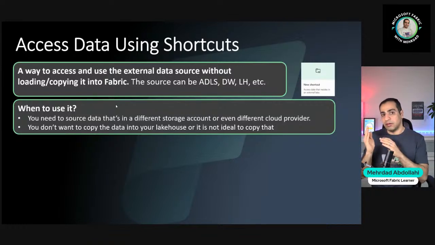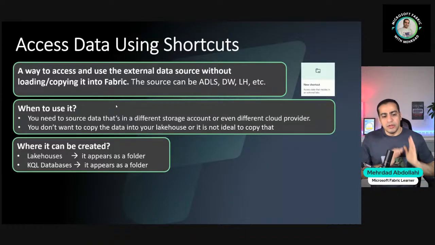Even the shortcut data sources can be outside of Azure and Microsoft. It can be other cloud providers. Shortcuts can be created in two sections in Fabric. One is Lakehouse, which we will discover today. The other is for KQL databases, which is in the section of real-time intelligence.